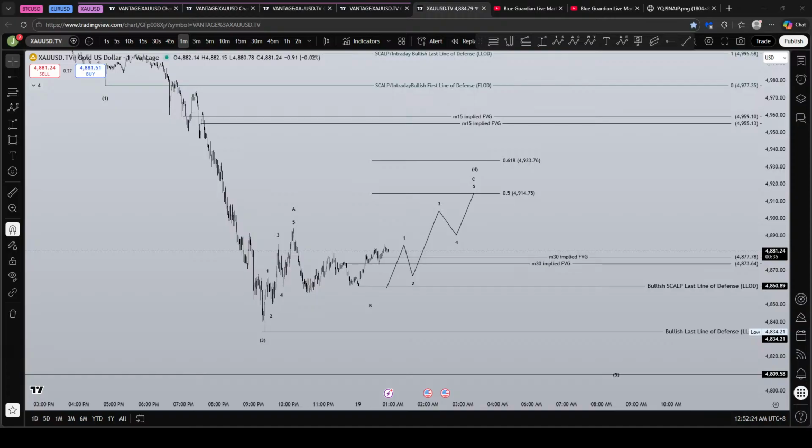So if you are a scalper or an intraday trader, then there's still an opportunity for you to find a long position targeting the implied fair value gap that I have mentioned a while ago. If that is in confluence with your own strategy, then by all means you are allowed to consider my analysis.